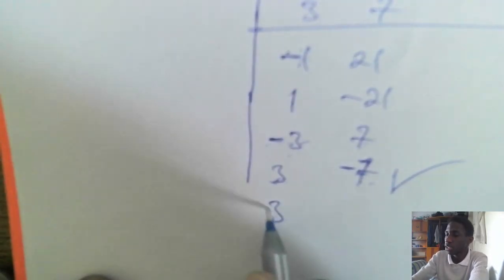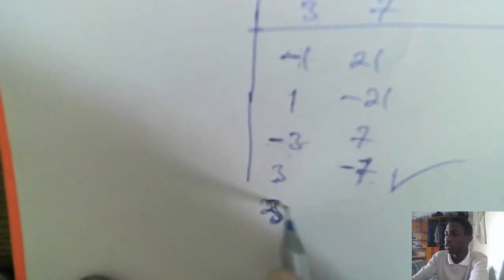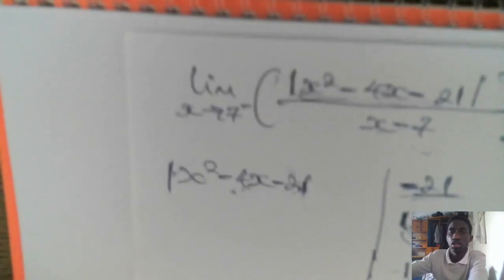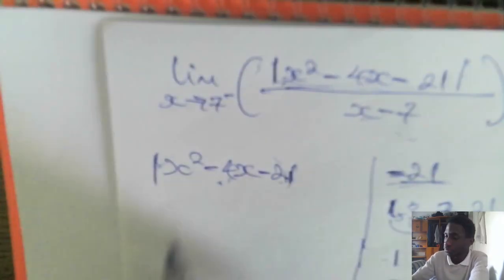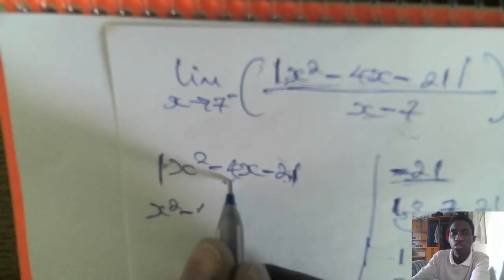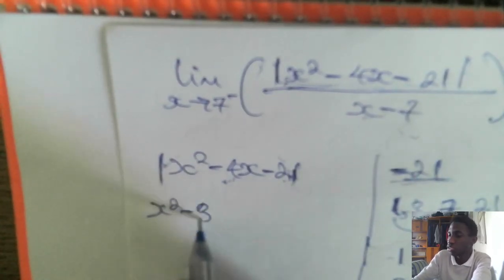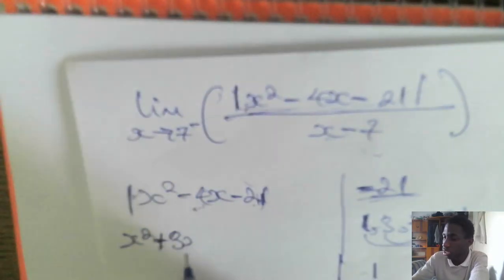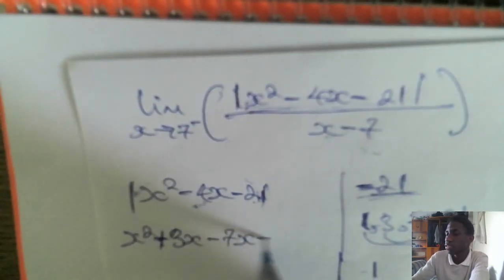So our factors are 3x and minus 7x. So replace minus 4x with plus 3x and minus 7x, and minus 3.